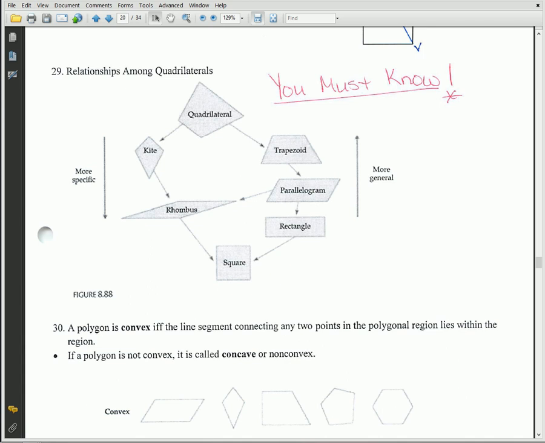A rhombus has 2 sets of parallel sides because it's a parallelogram. Okay, so you have to know this. So the more general stuff is on top, it goes down to the more specific. Okay, every square is a kite. Yes, every square is also a trapezoid. But every trapezoid is not a square.